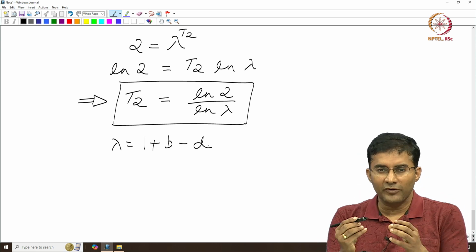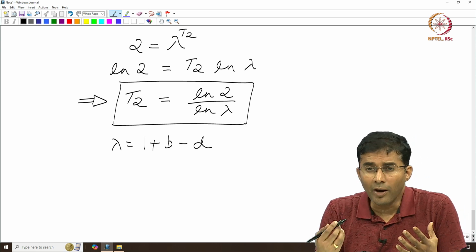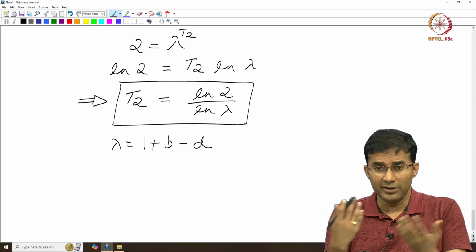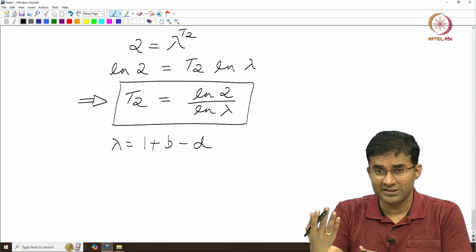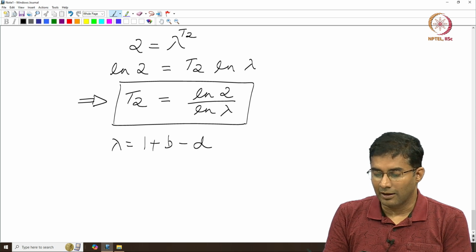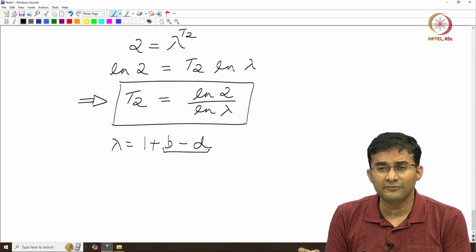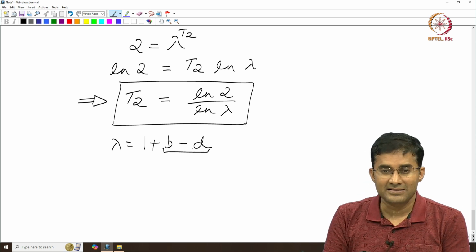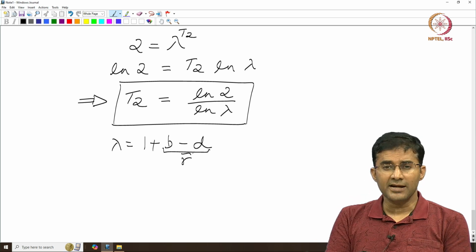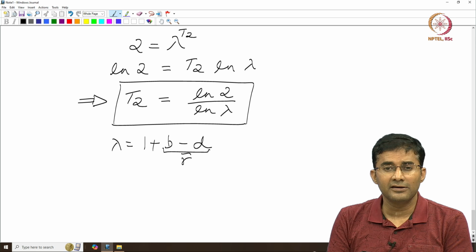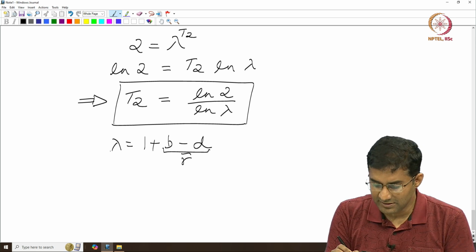A lambda of more than 1 means the population is growing, because it is a growth factor. So we will assign various values to b minus d, which represents the growth rate per generation, which we called r tilde in one of the previous classes.